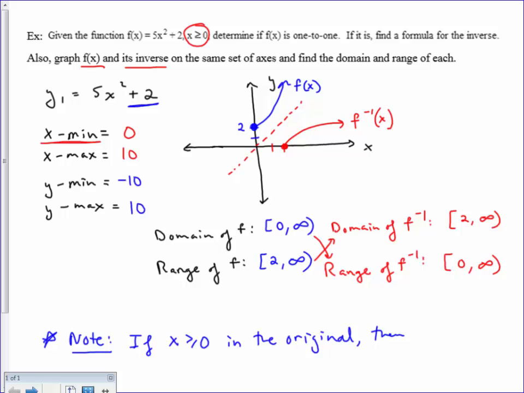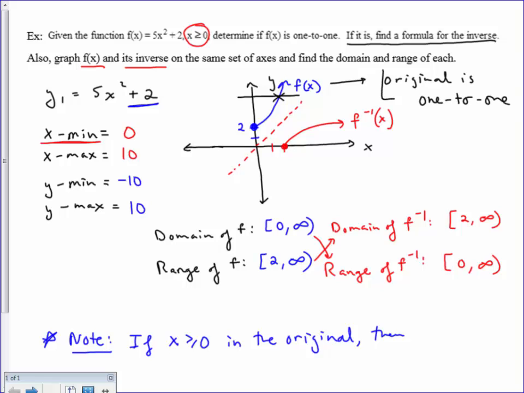Okay, then finally, the question asks, if you have something that is 1 to 1, find a formula for its inverse. Notice here that if we draw a horizontal line through our original function, it crosses only once, meaning that the original was 1 to 1. So we will say the original is 1 to 1.